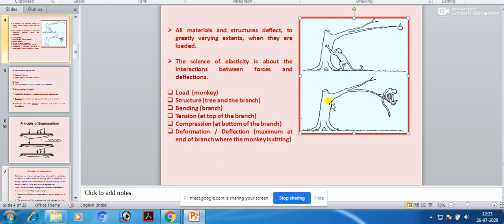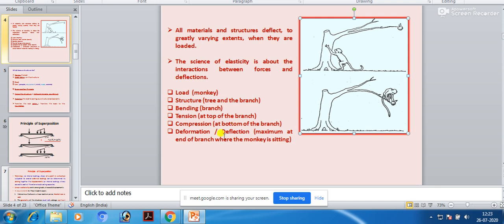Can you understand? So see, this is a structure. This structure is bending because of the load, and the load is given by the monkey. Because of this bending there is a deflection, and the deflection is such that the top fiber of that branch is under tension, and the bottom portion of the branch is under compression.